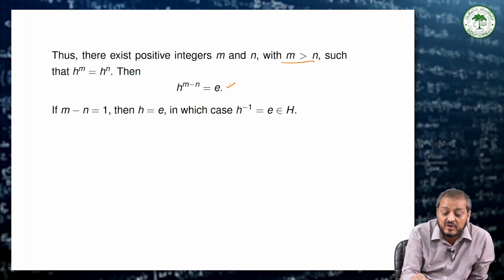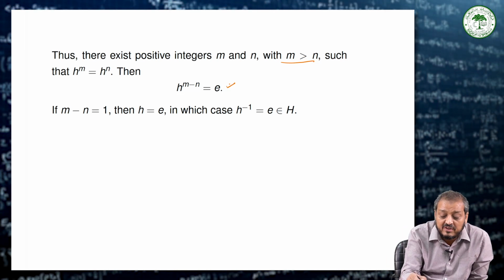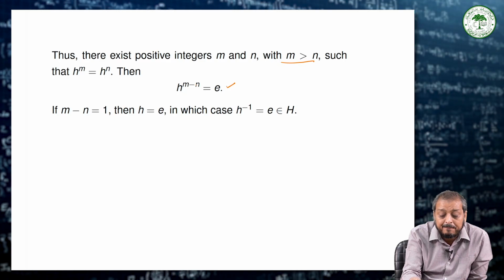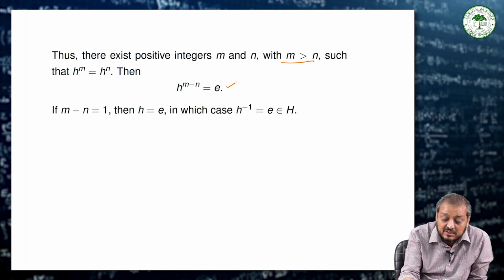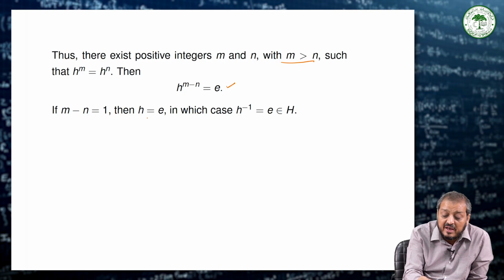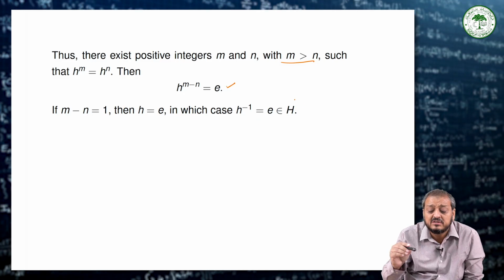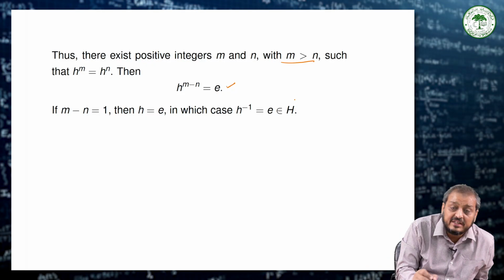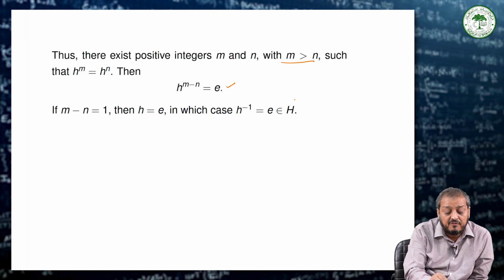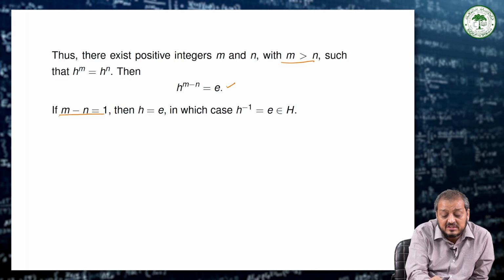Now we have a possibility: if m minus n is equal to 1, then x is equal to the identity. If x to the power m minus n minus 1 is equal to x inverse, then x inverse is equal to e, the identity. So that possibility occurs if m minus n is equal to 1.